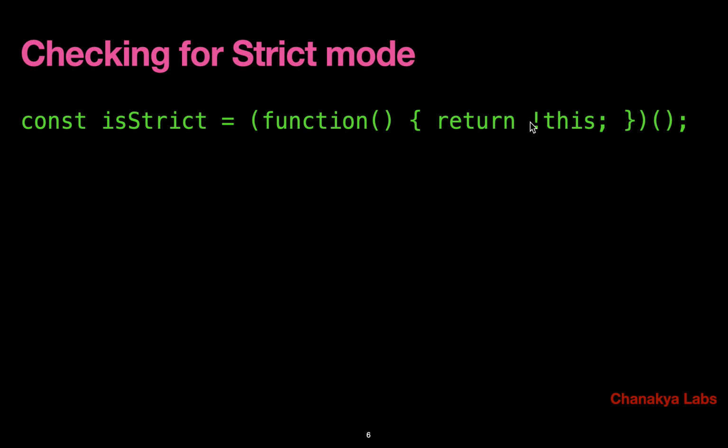We will discuss this in the next video, but right now I will give you a one-liner: in strict mode, if you use "this" inside a function, it is undefined. Otherwise it is not undefined. So in strict mode, "this" is undefined, and "not this" will return true. If it is not strict mode, then "this" will not be undefined, and "not this" will return false, right? And that's why it works in those cases.